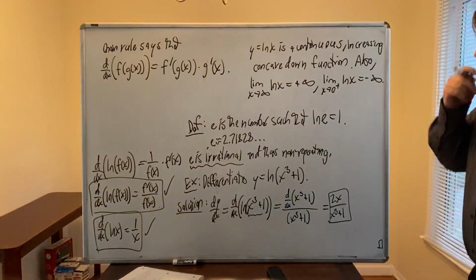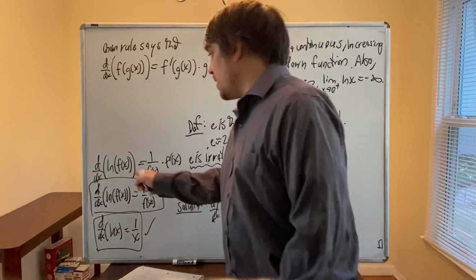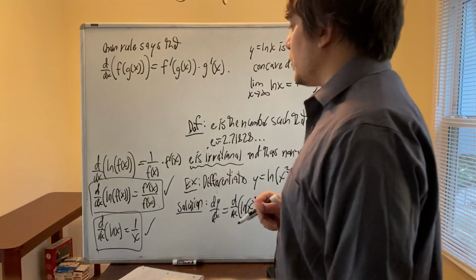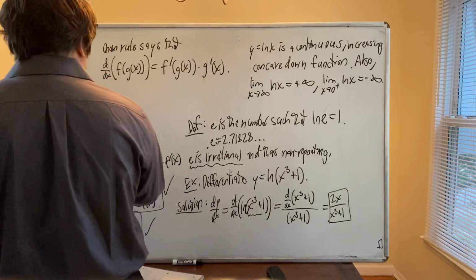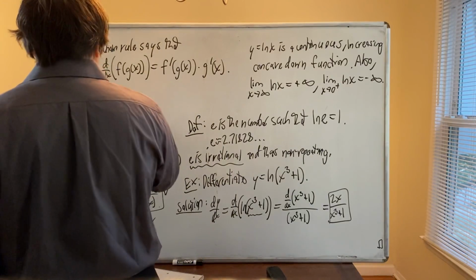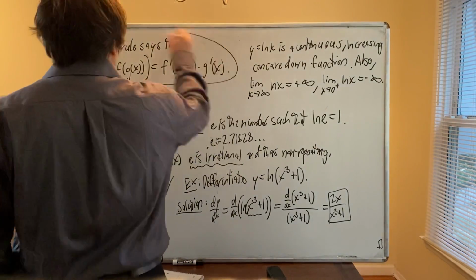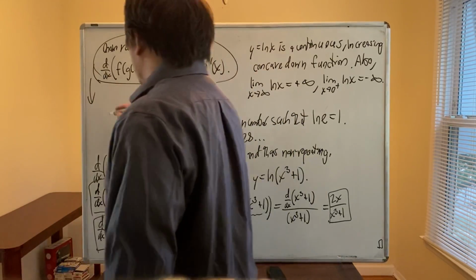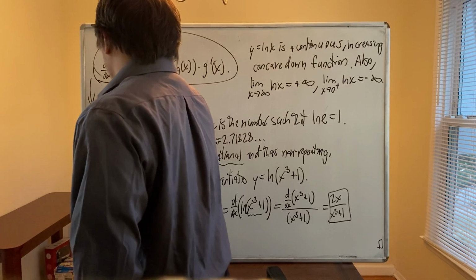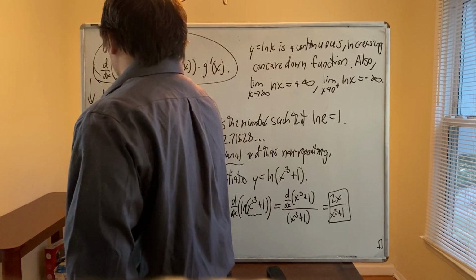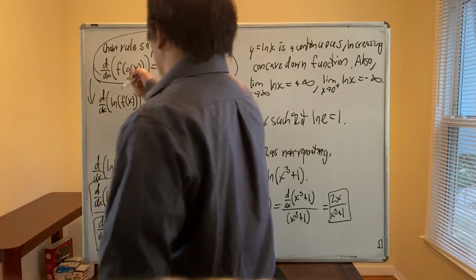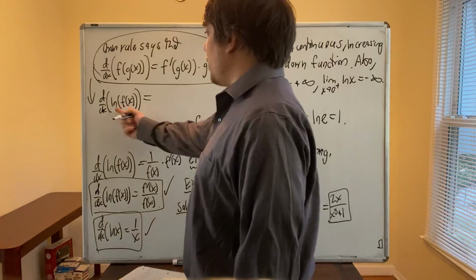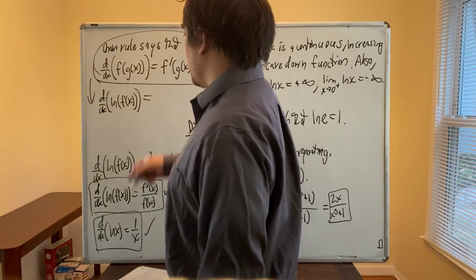That's what the chain rule says, and that's how I got this. When we take the derivative of ln of f of x, here f and g are just arbitrary general functions, so here ln is really f and here f is really this g.